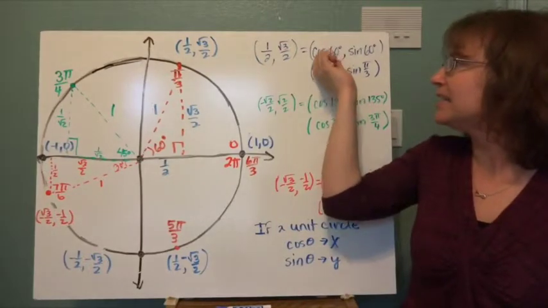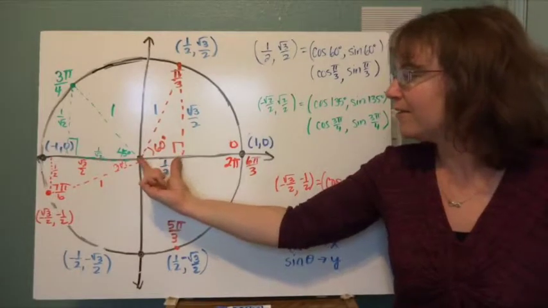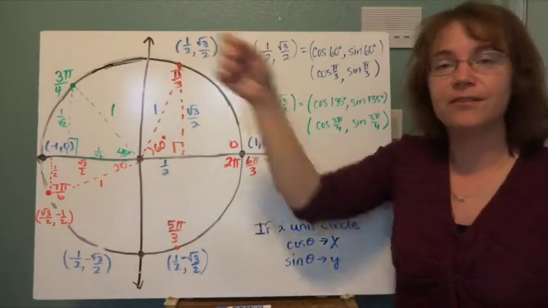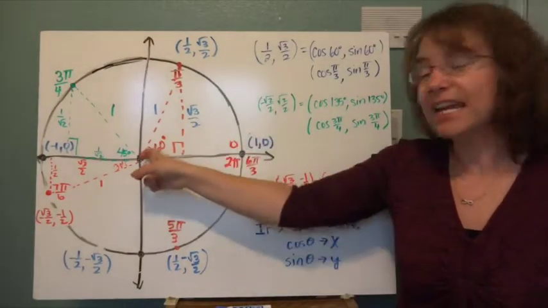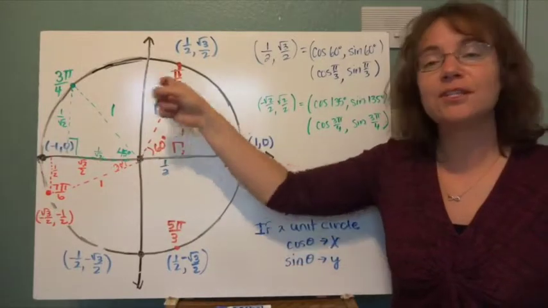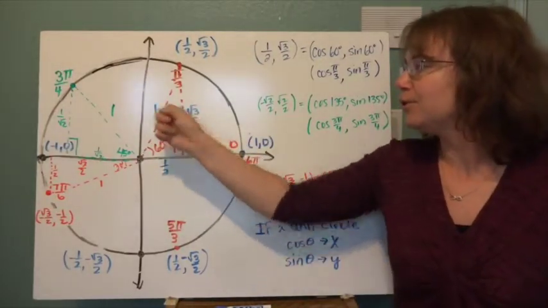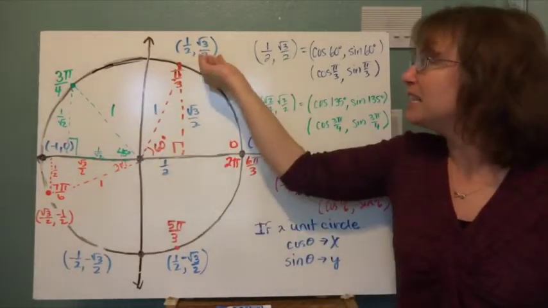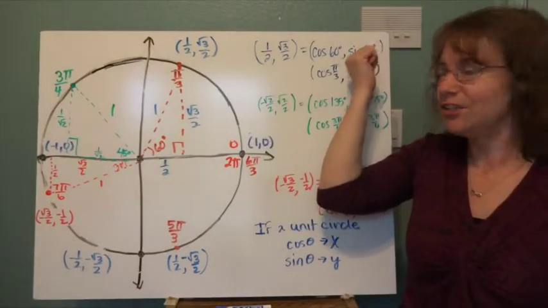So cosine of 60 is the x coordinate here. This 1/2, cosine of 60 is 1/2, is the x coordinate of the point that it mapped to. Then if we look at the sine of 60 degrees, that's the opposite over hypotenuse. Now the opposite is rad 3 over 2, over 1, and the unit circle makes it so this part of the coordinate point is actually sine of 60 degrees.